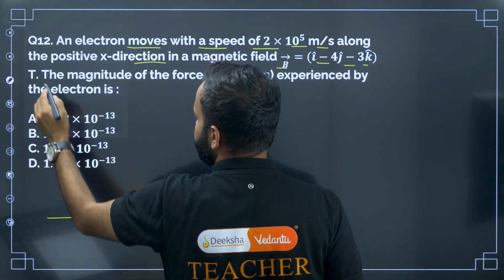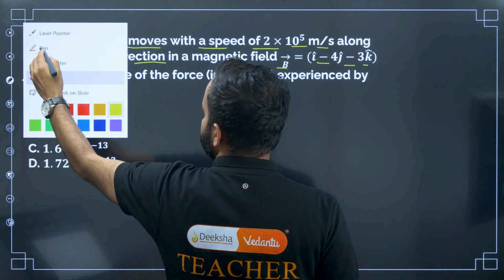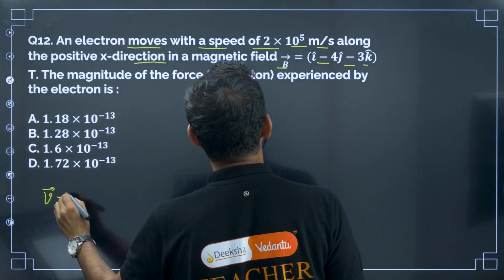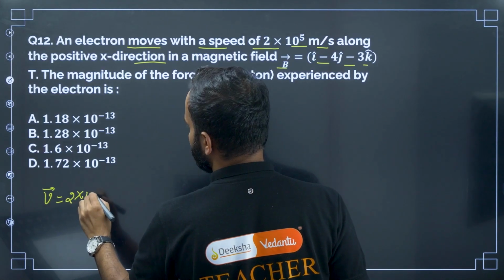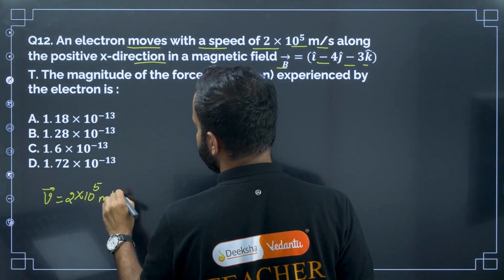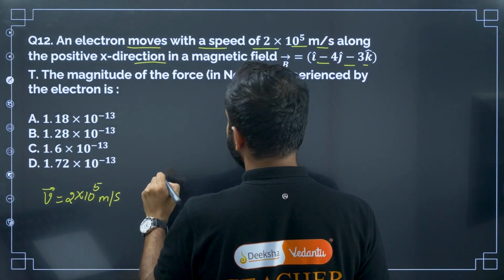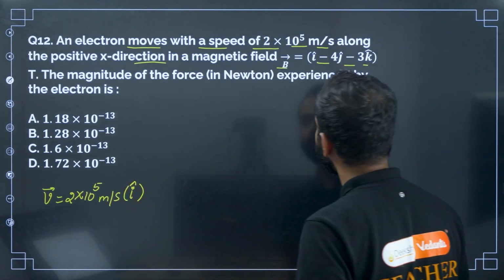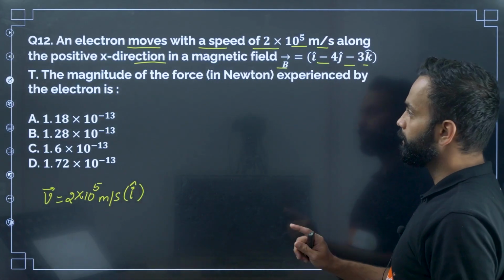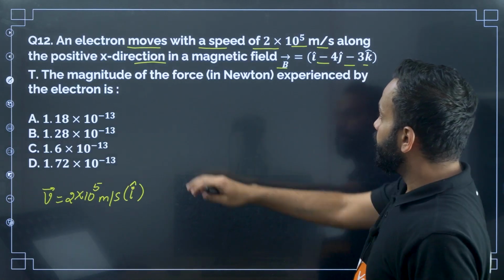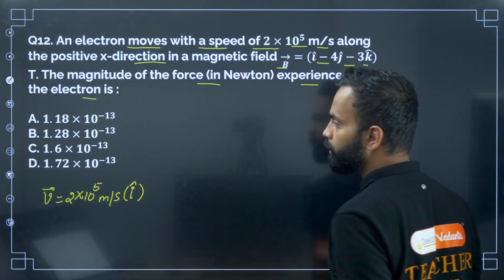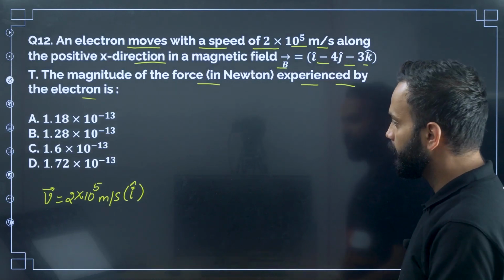So here the V vector is equal to 2 into 10 to the power 5 meter per second, and the direction is i cap, right? The magnetic field vector is also given. We need to find the magnitude of the force in Newton experienced by the electron.